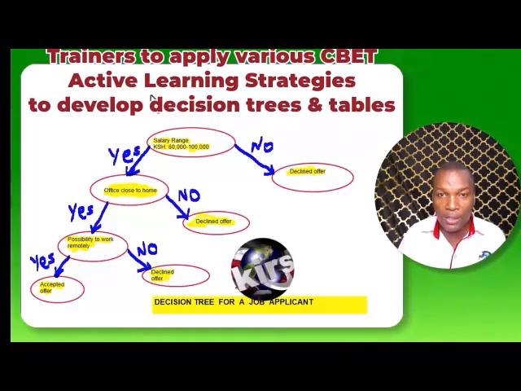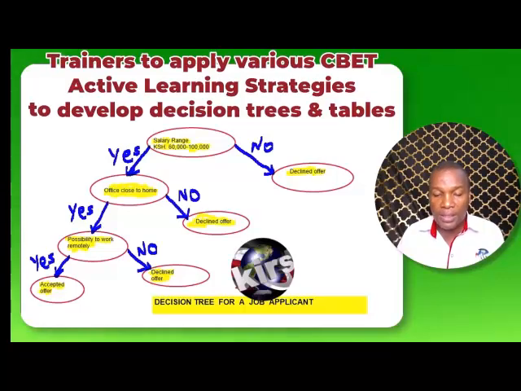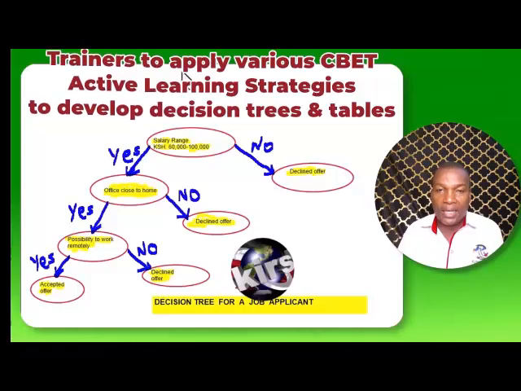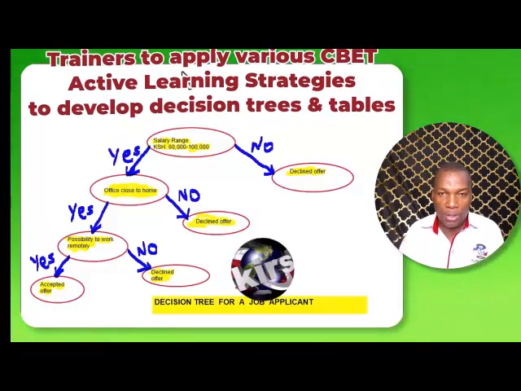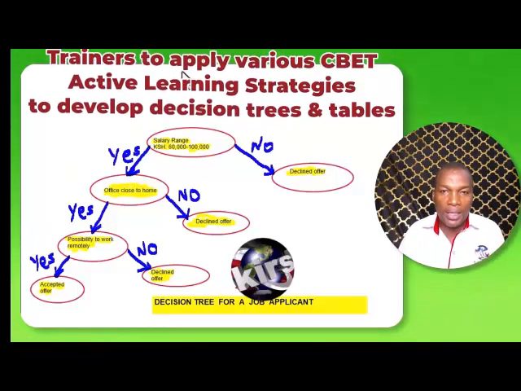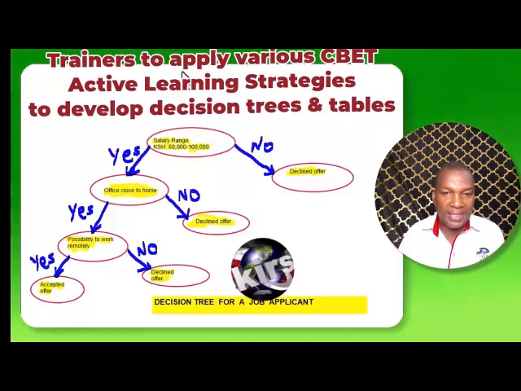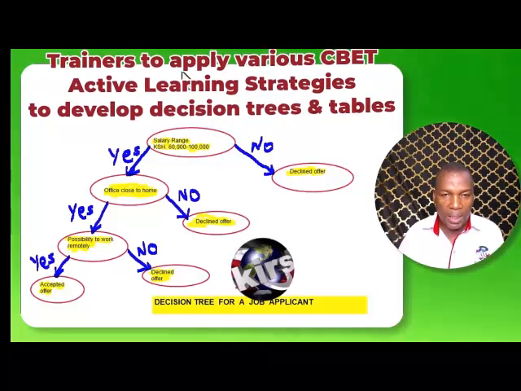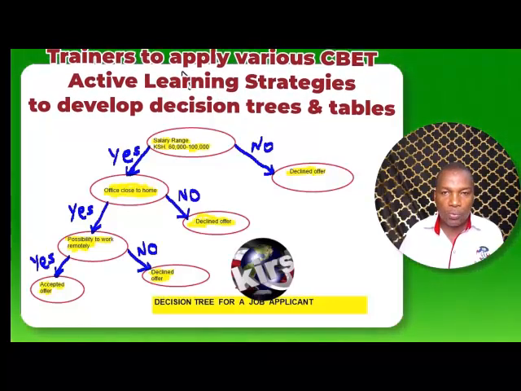So students are meant to develop or to determine this, and the decision is based on a job application. What are the conditions? The first major condition, which becomes the root node, is the salary. Then others which may follow, for example, office distance, and then possibility to work remotely.